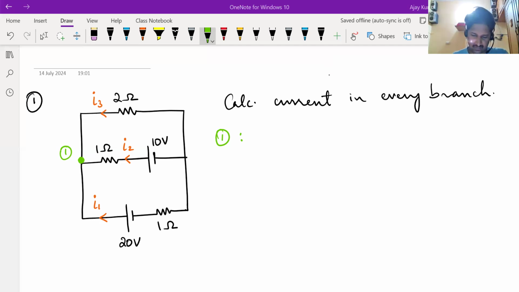Fine. So we'll start this way. The first element we come across is this 2 ohm resistor. Tell me how to write the potential change delta V across the 2 ohm resistor. The current in it is I3. Can I say minus 2 I2 or 2 I3? Which one is correct? What is the law based on which you are finding the potential difference across the resistor?